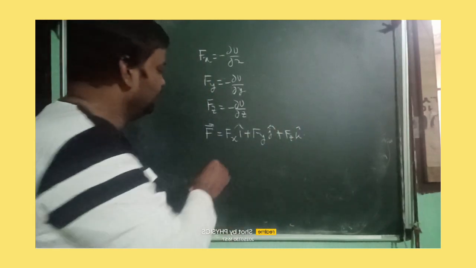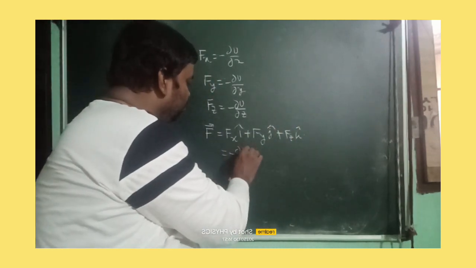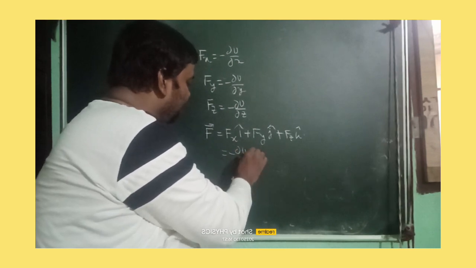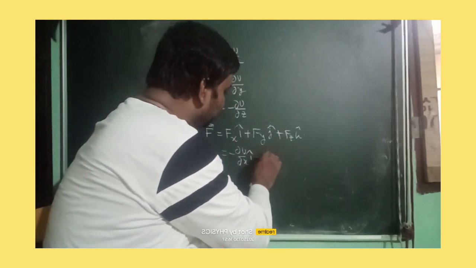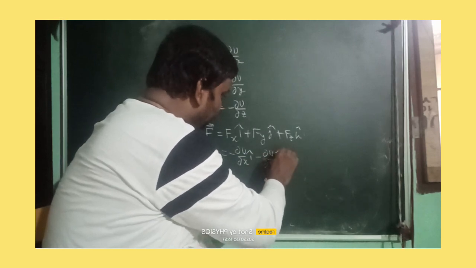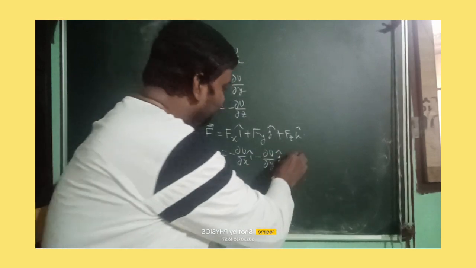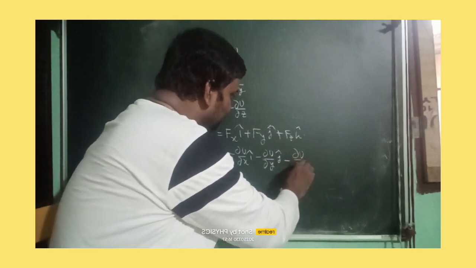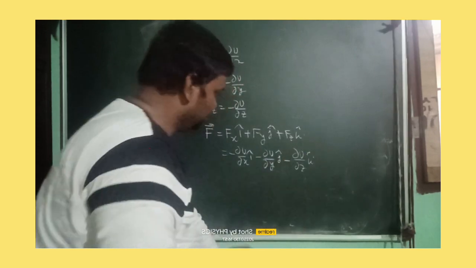So putting that, minus del U by del x i hat minus del U by del y j hat minus del U by del z k hat.